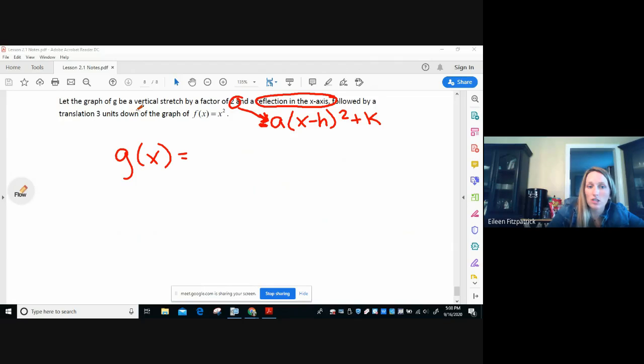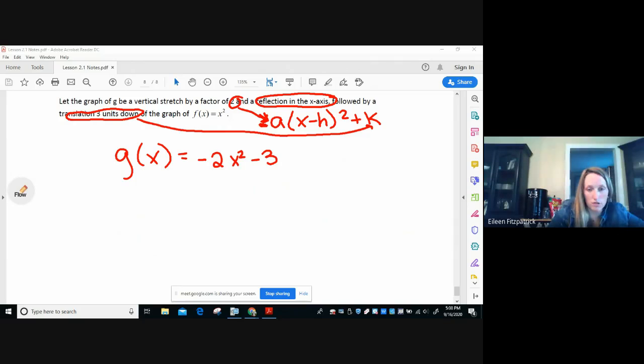Followed by a translation 3 units down: which of these variables tells us moving down or up? That's the k. So I'm going to have negative 2 x squared minus 3. This is your k, saying to go down 3 units. This is your a, saying a reflection in the x-axis and a vertical stretch of 2.